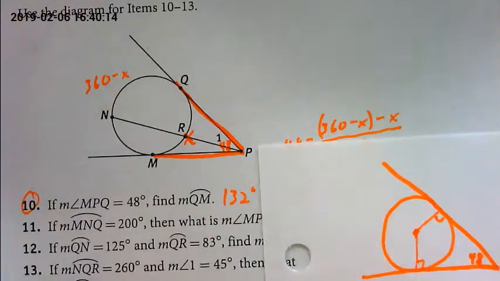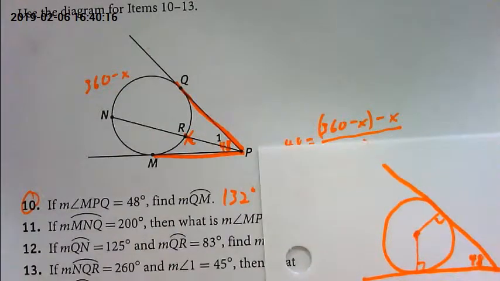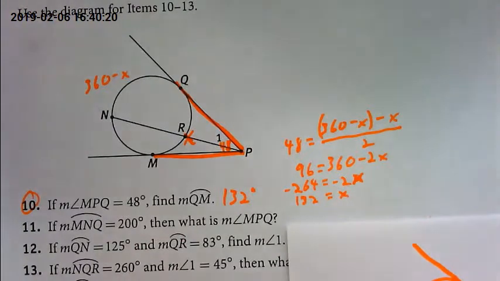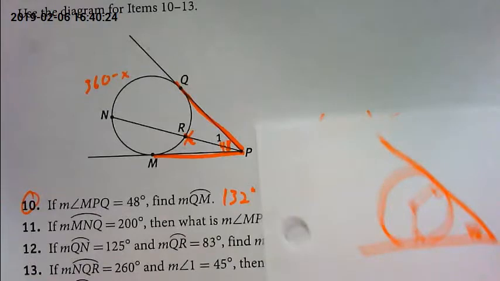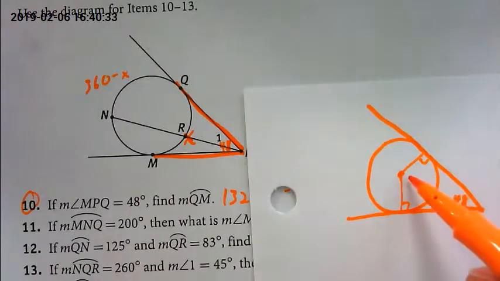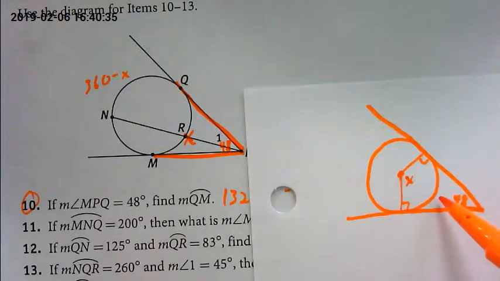Now, this method is nice and quick. Again, the reason why I like the other one is because it works for any exterior angle. But with tangents, again, this is the other option. We have this angle is 48. We know that these are right angles. And now it's really easy. This angle that we're missing up here would be the same as this arc.